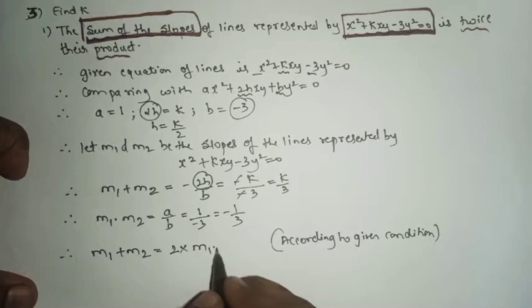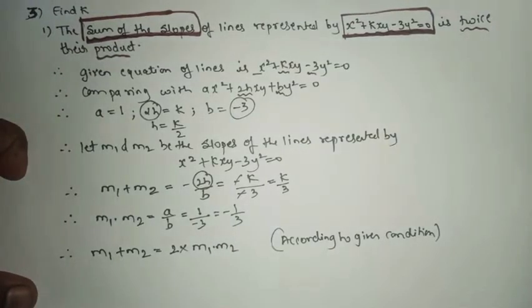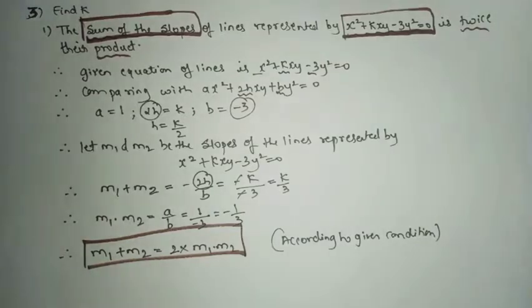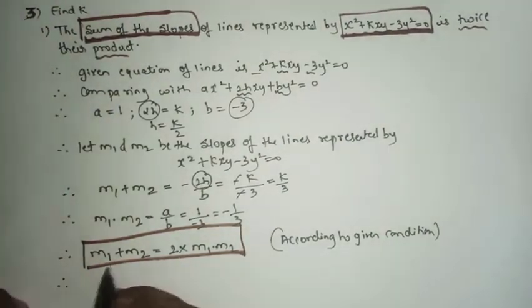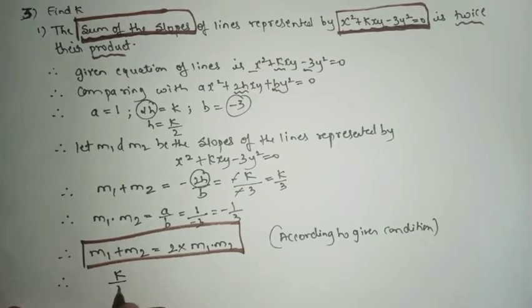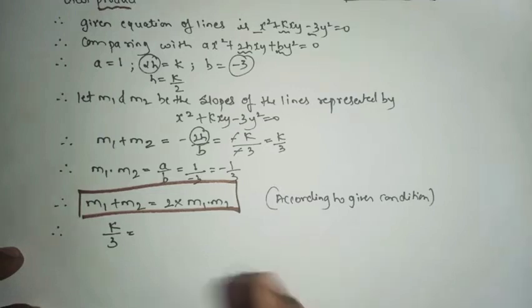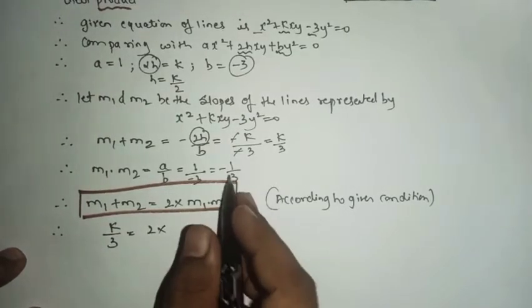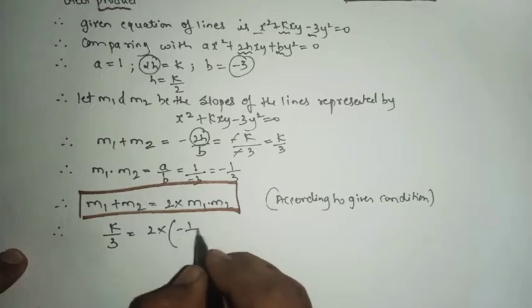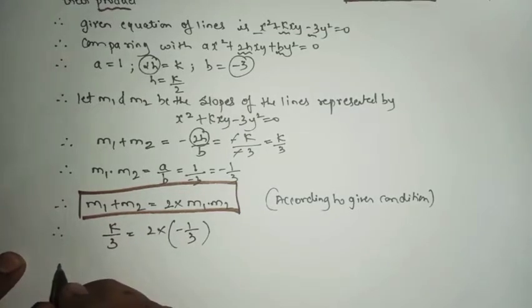So you will get one condition from the question, where you will replace the value of m1 plus m2 by k by 3, 2 into m1 into m2 is what, minus 1 by 3, yes or no?